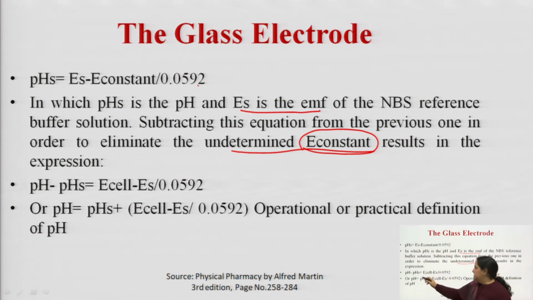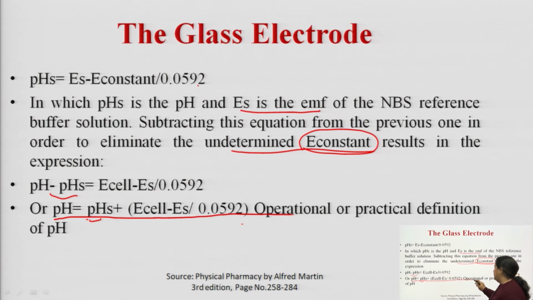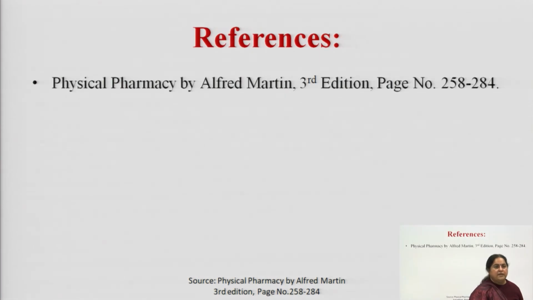So, we have this expression as pH minus pHs is equal to E cell minus Es divided by 0.0592, or pH is equal to pHs plus E cell minus Es divided by 0.0592. This is the operational or practical definition of pH that you can use to calculate the pH using a glass electrode as the indicator electrode, right.